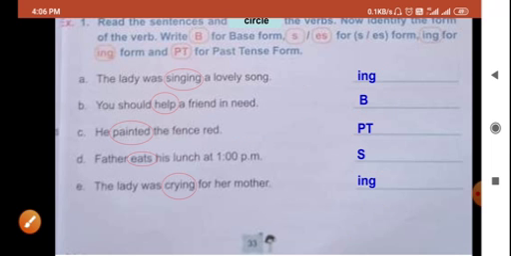Now let's move on to the second exercise of this chapter.